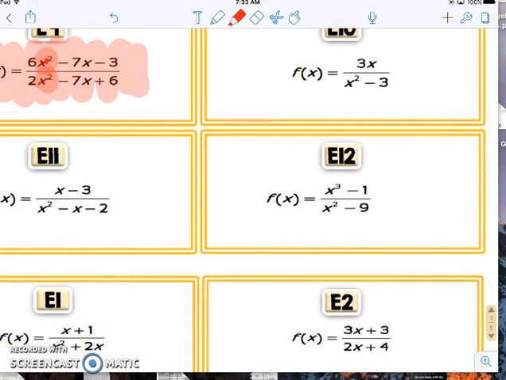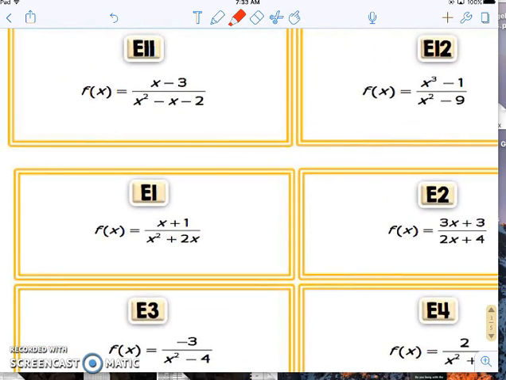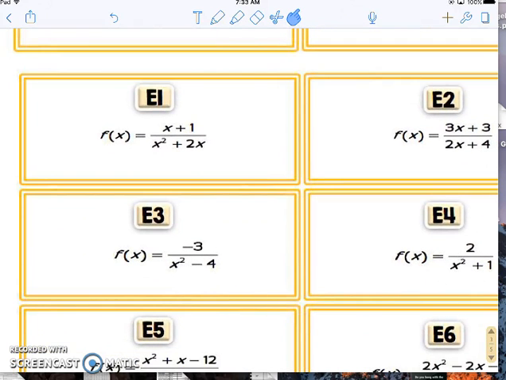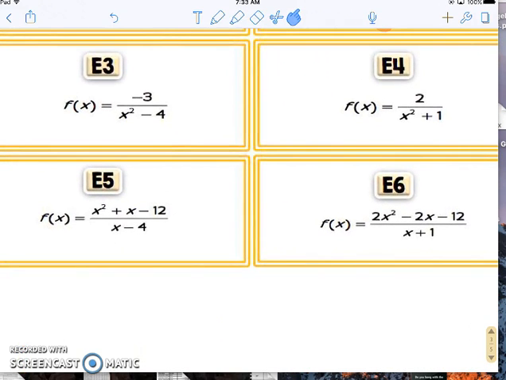If we look at this one, we've got an x and x squared. We've got x and x squared, x cubed and x squared. Oh, here's one, we've got a 3x and 2x, so that's another one where we have those same powers there. Not E3, E4, E5.